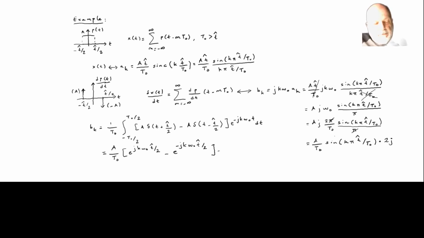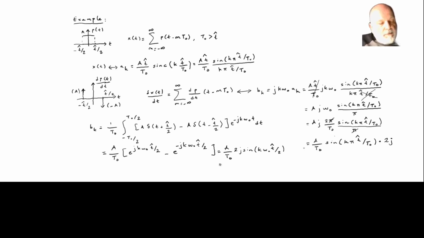Now we recognize this expression as A over t0. This is related to the sine function. In fact, this is 2j times sine of k omega 0 t cap over 2.